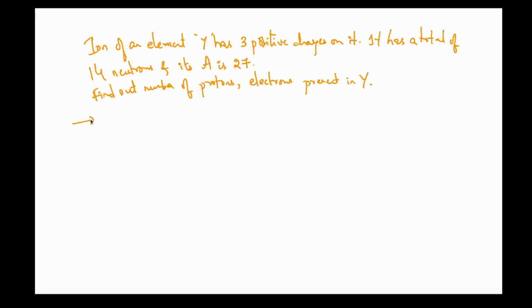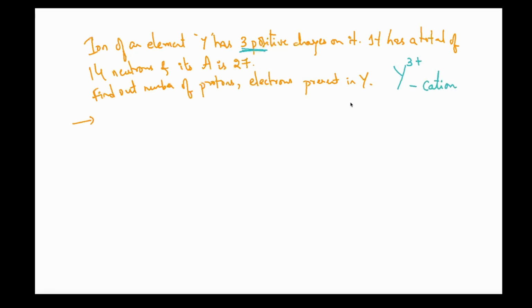Okay, let's see how we can solve this. So let's understand the question first. We have an element Y in its ionic form. The ion of element Y has 3 positive charges, so this is a cation to start with.